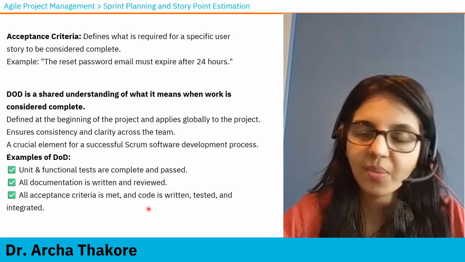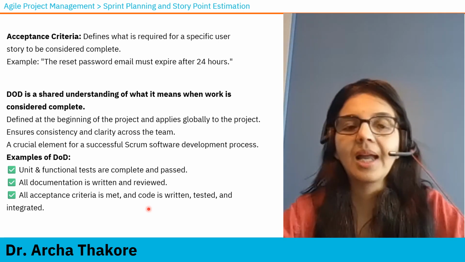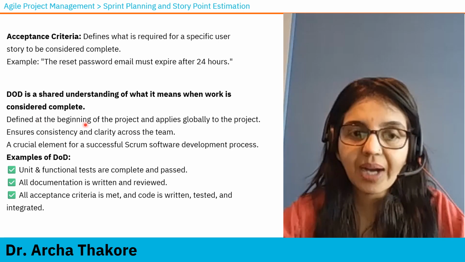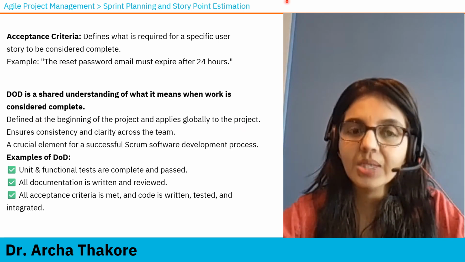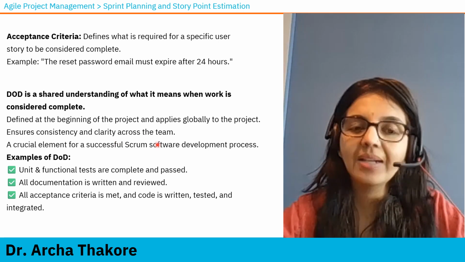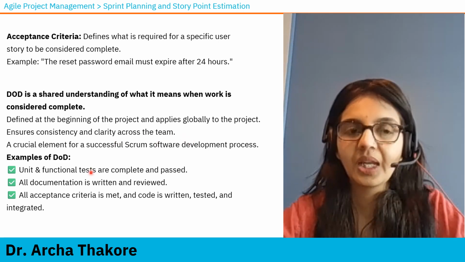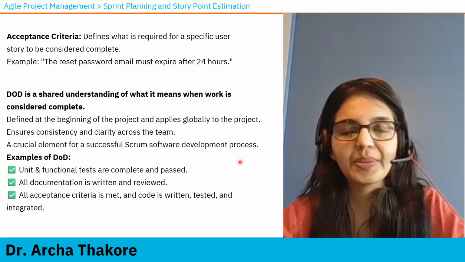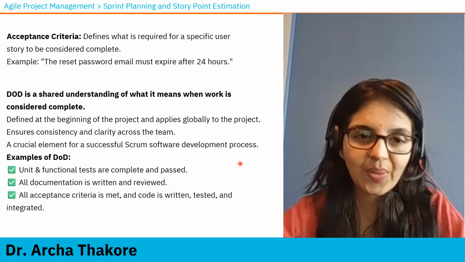So the team comes together with stakeholders and the definition of done is agreed upon. It's defined at the beginning of the project and applies globally to the project. It ensures consistency and clarity across the team. It's a crucial element for a successful Scrum software development process, and for all other agile projects.